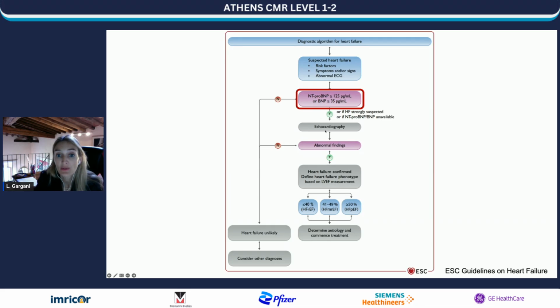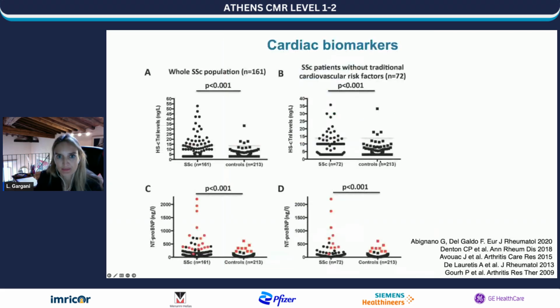BNP, even before echocardiography. And we know that also in rheumatic disease, and again, we have most data especially in systemic sclerosis patients, cardiac biomarkers such as natriuretic peptides are really important because there is a significant difference between patients with systemic sclerosis compared to controls, both in NT-proBNP and troponin levels.